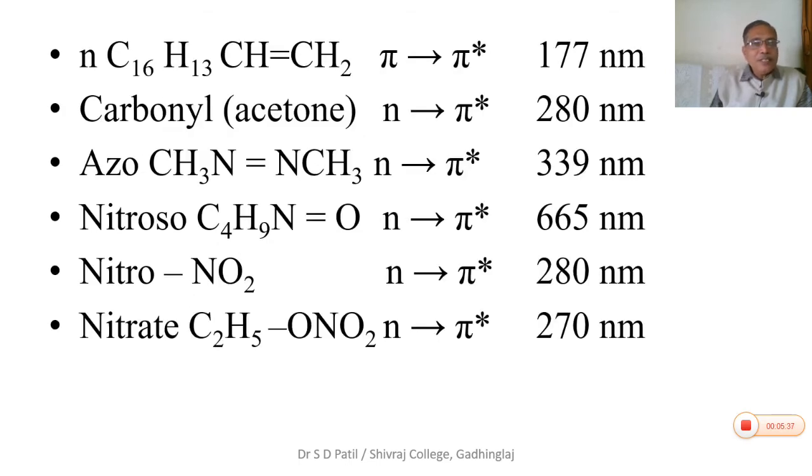This is a list of various transitions possible. If it is an alkene type compound, then pi to pi star transition. In case of carbonyls, it is n to pi star. In case of azo, it is n to pi star. In case of nitroso, it is n to pi star. In case of nitro, it is n to pi star. And in case of nitrate, it is again n to pi star. These indicate different values.